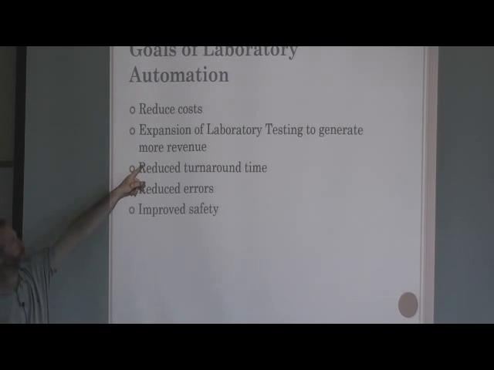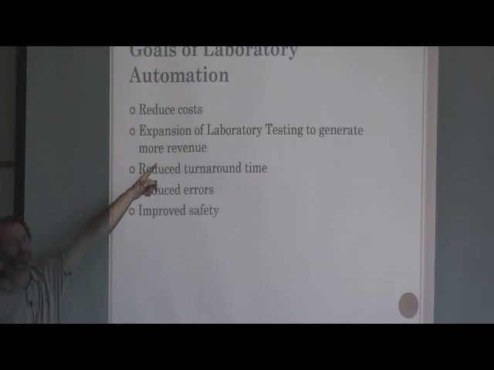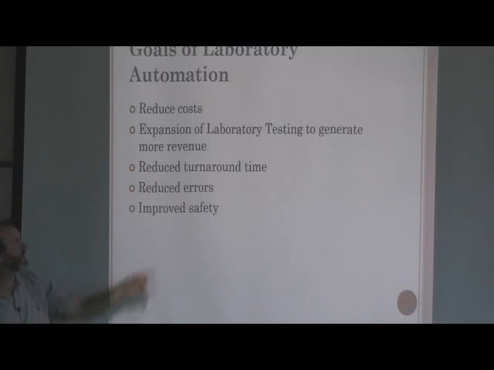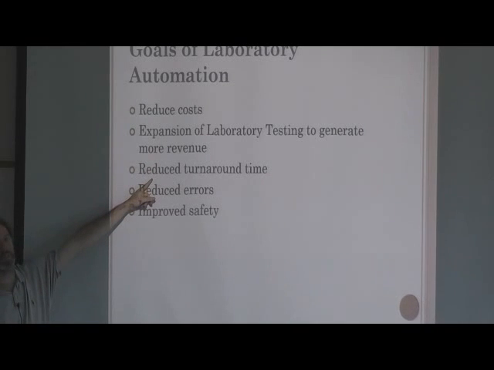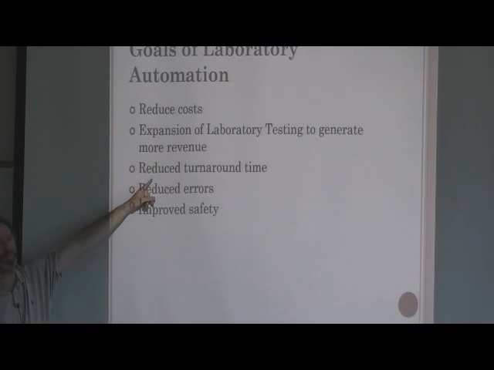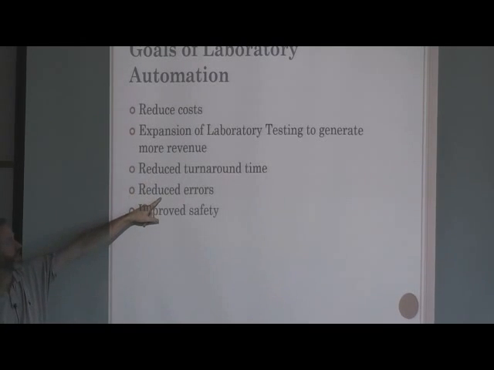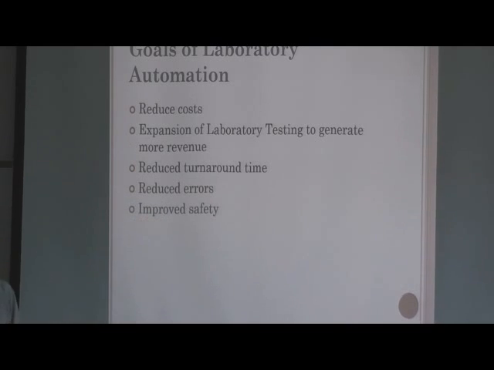Expansion of the laboratory testing to generate more revenue, so you want to reduce the cost per test, reduce turnaround time. What is turnaround time? The time it takes from when the test is ordered to when the results come out? Yeah, so you want to reduce that, reduce the errors, and improve safety. So how's it going to improve safety if it's automated?